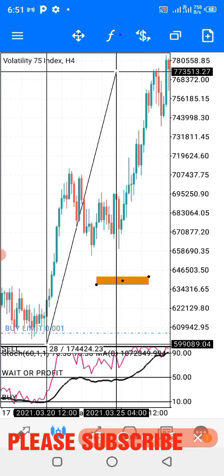So if you buy one lot size, if you're a huge trader, you have made over $174,000, and if you buy 1 over 1,000, you have made over $174 in how many days? If you check the time here, this is from March 20 to March 25, in just 2 days. 2021 March 20 to 2021 March 25.